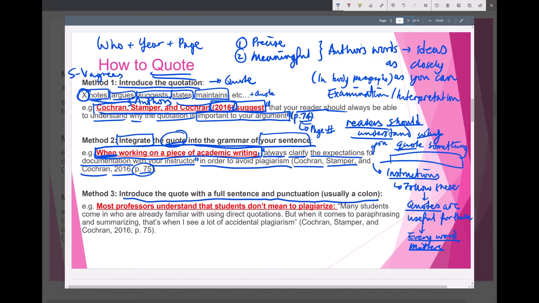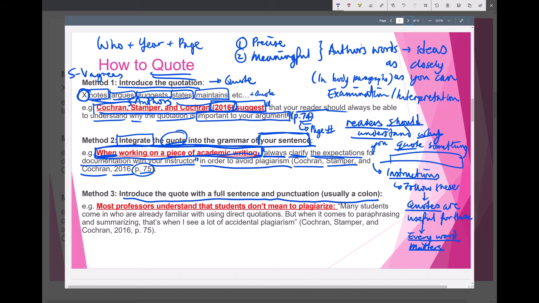And with method 2, this quote is placed in a context of your sentence. You're saying, well, when should you clarify? Oh, well, always. And always clarify when? Well, when working on a piece of academic writing. So when you're writing a paper, do this.